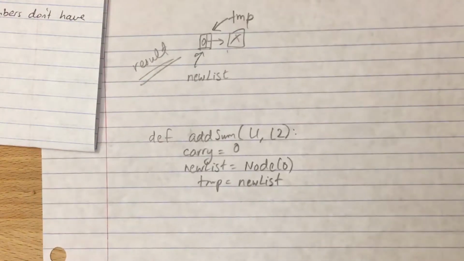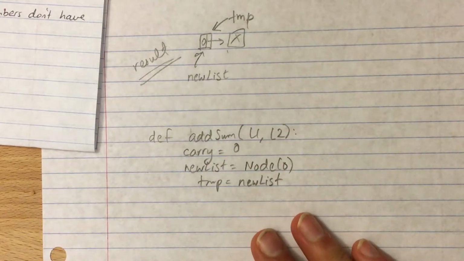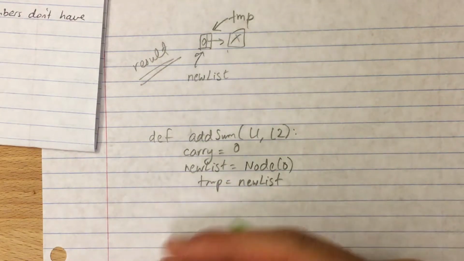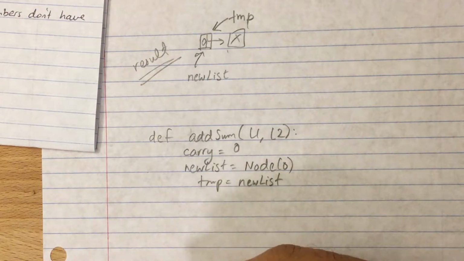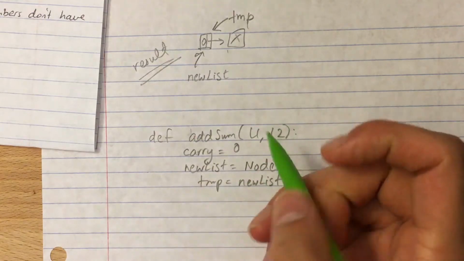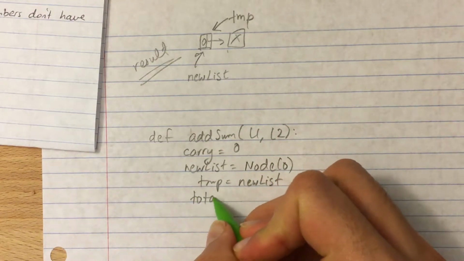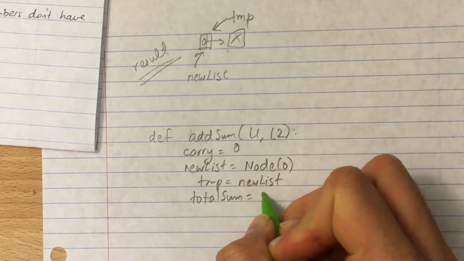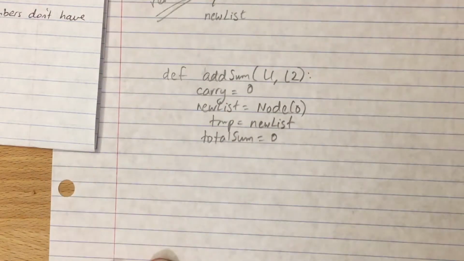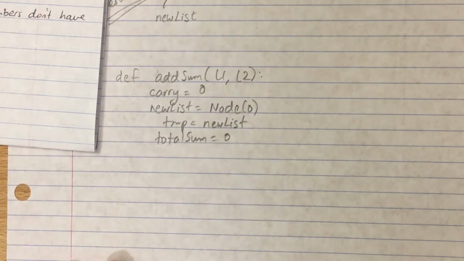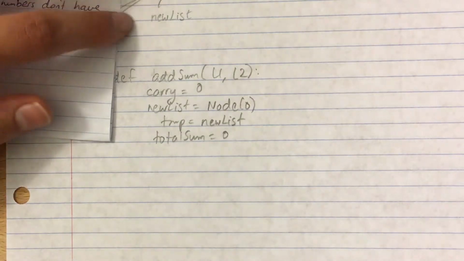Okay, the setup looks good here. One other thing is that as we're adding up each digit, we can also have a variable called total sum that represents the sum as we're going along and iterating through our given linked list. All right, that sounds great.